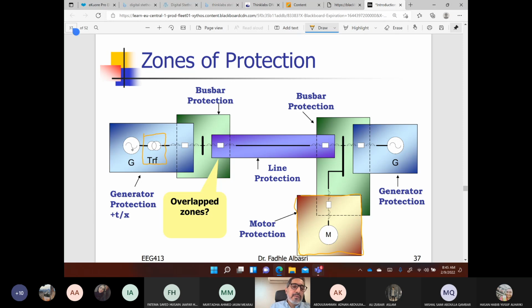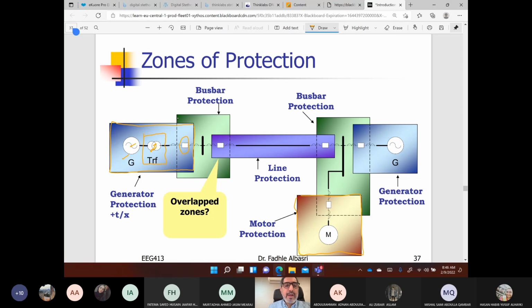And for a generator, normally, because the generator and transformer are considered as one unit, if a fault is here, you also need to disconnect the generator from the system. Or if the fault is in the generator, you also need to disconnect the transformer by opening this breaker. So we consider the generator and its transformer as one unit, one zone of protection, because a fault in either of them would lead to disconnecting both of them from the system.